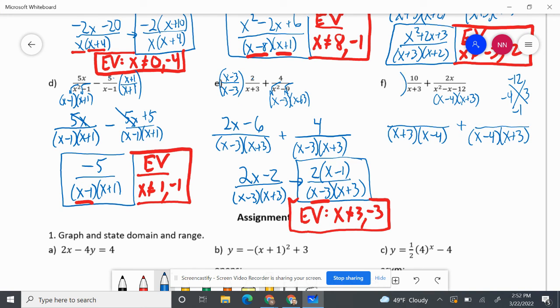For the first one, we're going to multiply it by an x minus 4. And 10 times x is 10x. 10 times negative 4 is negative 40. Here the denominator is the same, so we bring down the 2x. 10x plus 2x is 12x minus 40. And we see that they both have a 4 in common, so we factor out a 4.